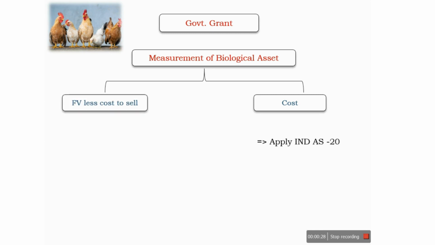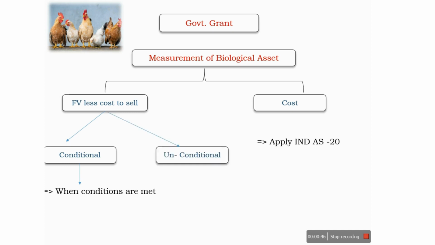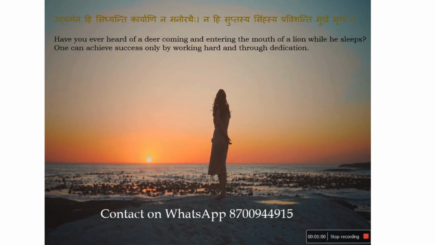In case we measure the biological assets at fair value less cost to sell, and the government grant that is received by the organization is conditional, in that case we will recognize the government grant in P&L when the conditions related to the government grant are met. In case the government grant received by the organization is unconditional, in that case we will book it in P&L when the government grant becomes receivable.